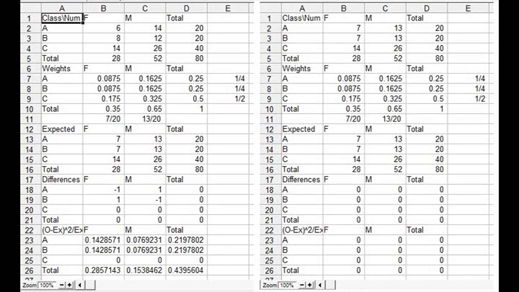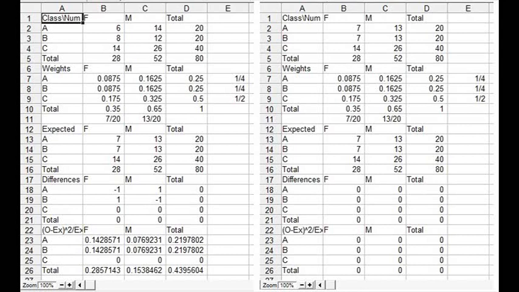With respect to the columns, the type of major, we will take the 28 versus the 80, and 52 versus the 80, and in fractional form, it would be 7/20 and 13/20, which still add to 1.